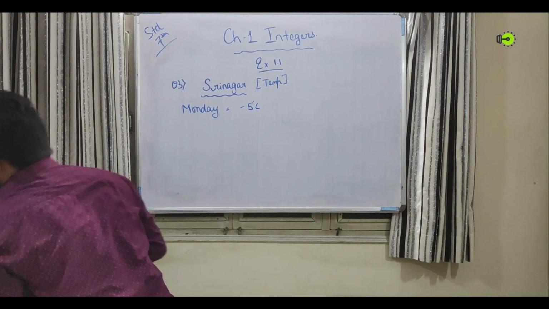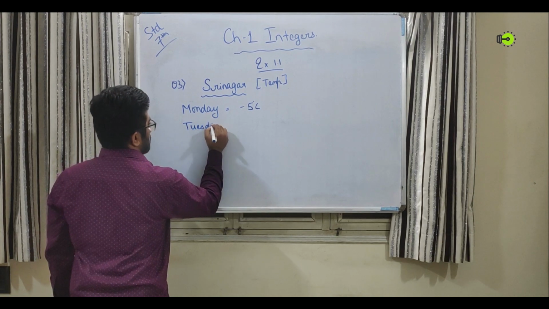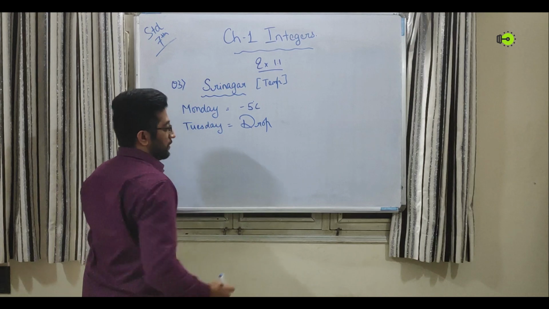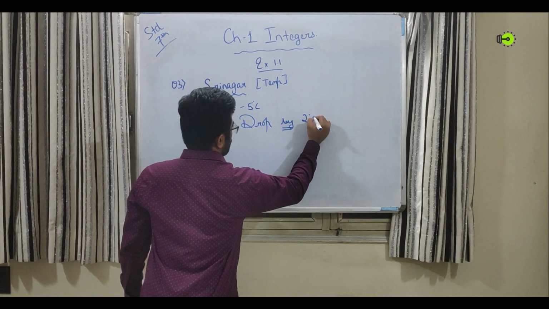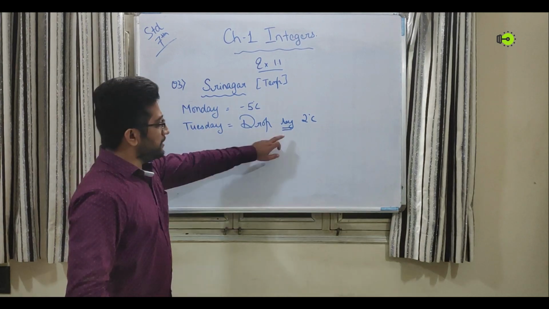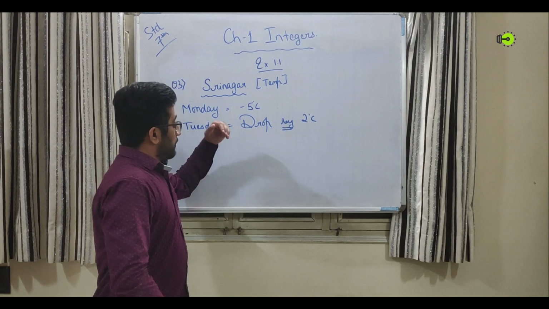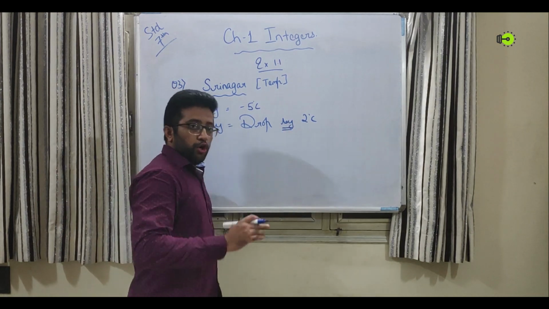Then it dropped by 2 degrees Celsius on Tuesday. So on Tuesday there was a drop. The word drop here is very important. Dropped by 2 degrees Celsius. Here the by means it has decreased from 2 degrees Celsius. Okay? You need to understand that the word here used is by, not to.